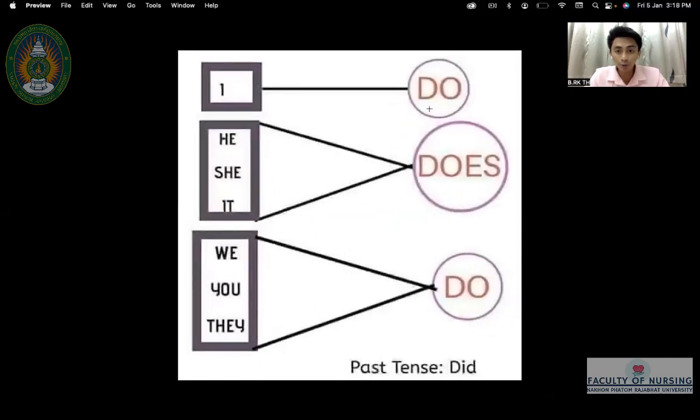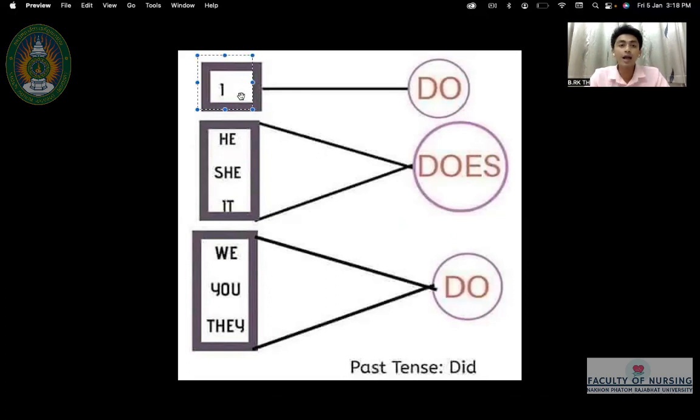I do, he, she, it does, we, you, they do. So just like this one, but this one is we use the verb do. Okay, I do. For example, who is the president of this class? Or you can ask, who is doing the homework?